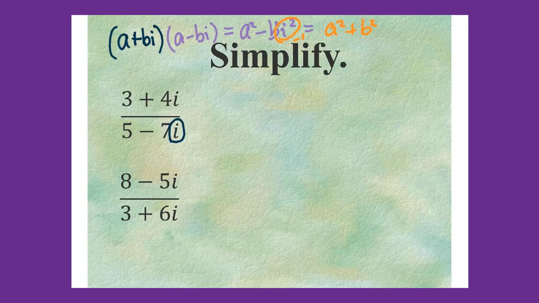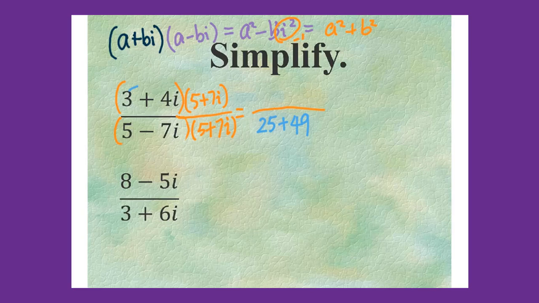Normally, how to simplify this kind of complex numbers? We will multiply by the conjugate. For 5 minus 7i, that means 5 plus 7i. Then top and bottom, we do 5 plus 7i. Therefore, for the denominator, you will get a squared, that means 25. 7 squared is 49.